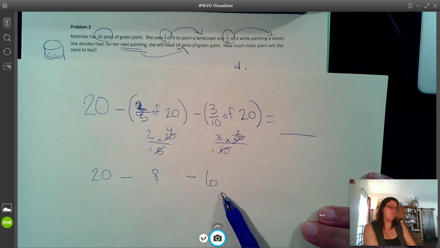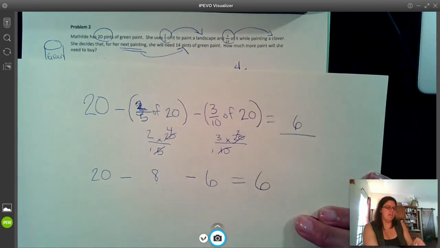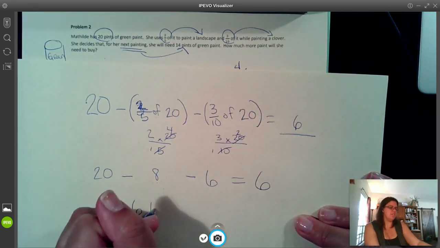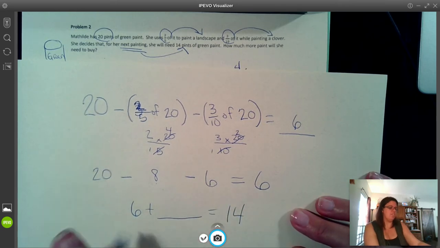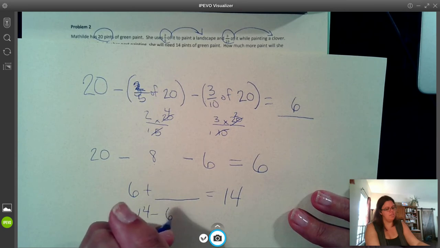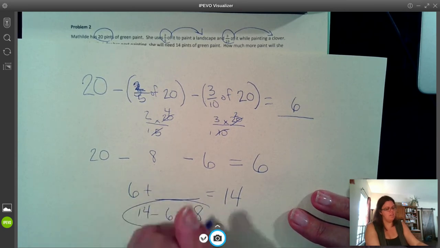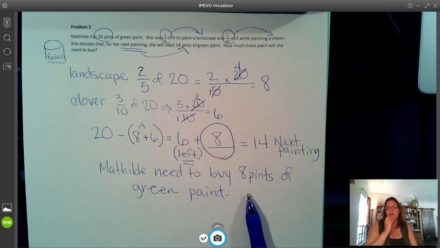Minus 6 more will take us down to 6. Okay. We still had to figure out 6 plus something is going to get us our 14. We could have also done that as a subtraction problem. We still get our answer of she will need to buy 8 pints.